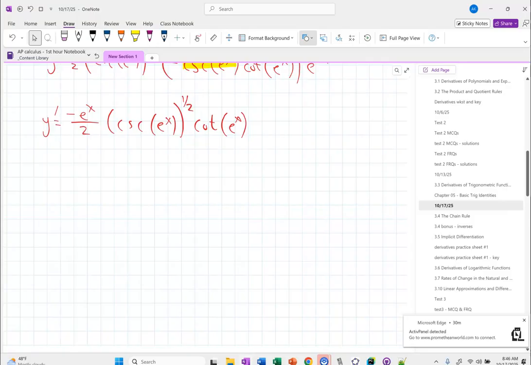The last layer of difficulty will be unlimited mixing, where I can have multiple chain rules inside of a product, or chain rule, product rule, chain rule inside of that product rule, where we really layer these things on top of each other. But the intermediate here is just one chain and then a product or quotient. Okay? Everybody good so far? We feel okay with what we've been doing?